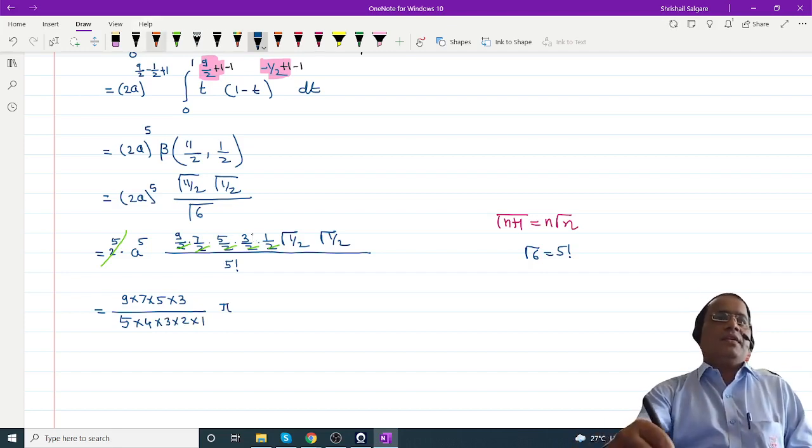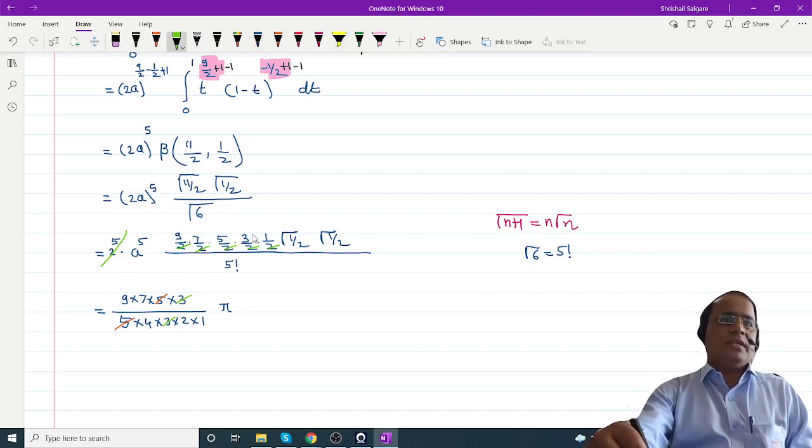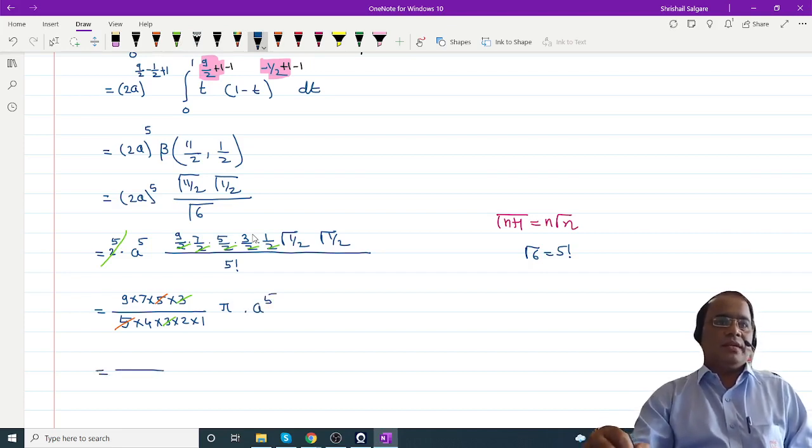Now again further from this I will cancel this 5 with this 5, and this 3 with this 3. So further simplification is not possible now. Something I missed here. I have to write a raised to 5 multiplied by a raised to 5. Therefore, yes, the numerator is 63 a power 5 into pi upon 8.